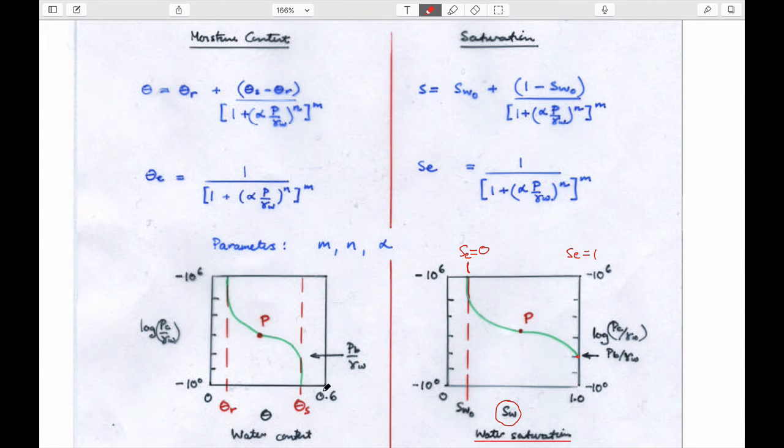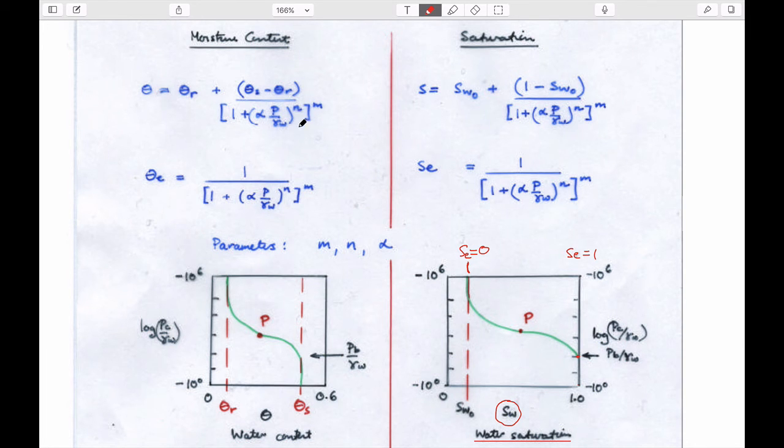And we can also define those curves in terms of water content between the residual irreducible water content or the residual moisture content and the saturated moisture content. They're exactly the same curves. They just have a different scaling in terms of saturation. And so all these relationships are that we can define the volumetric moisture content or the moisture content as a function of some parameters.